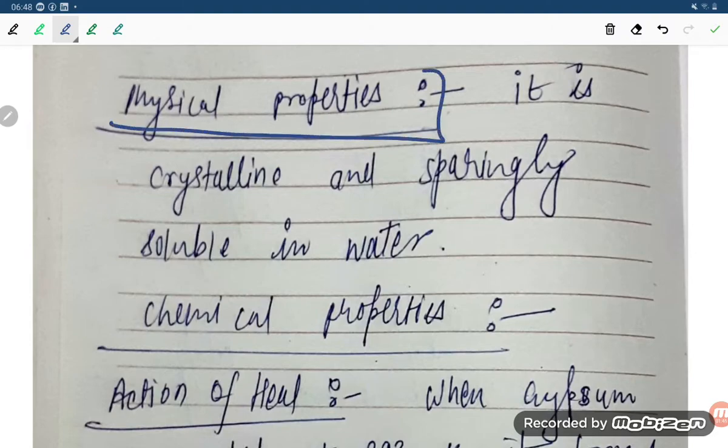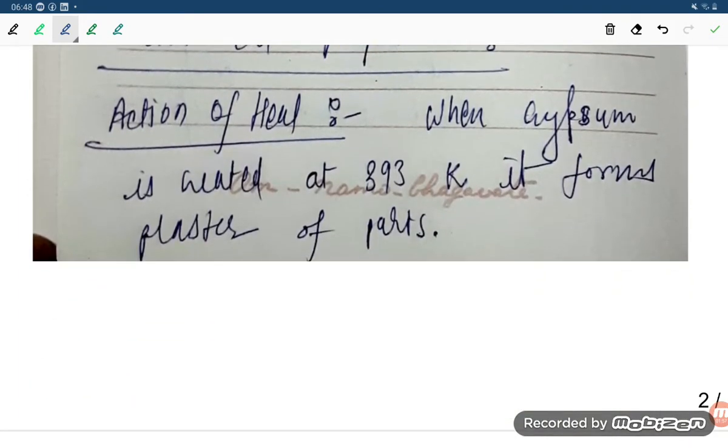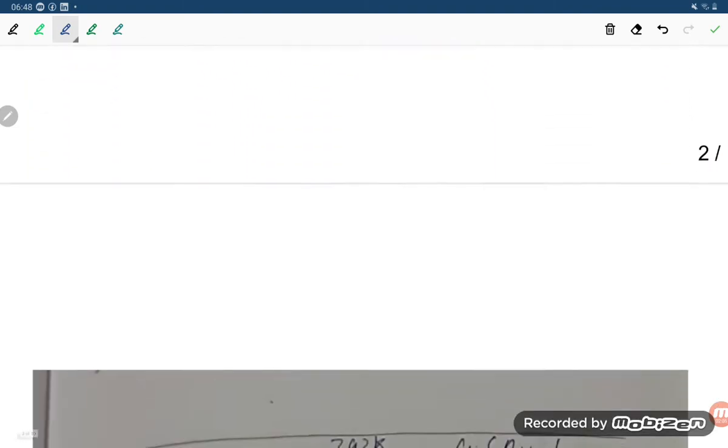Physical properties of gypsum: if you see, students, it is crystalline and sparingly soluble in water, not too fast soluble, it is sparingly soluble. What is the action of heat, students? When gypsum is heated at 393 Kelvin, it forms plaster of Paris.